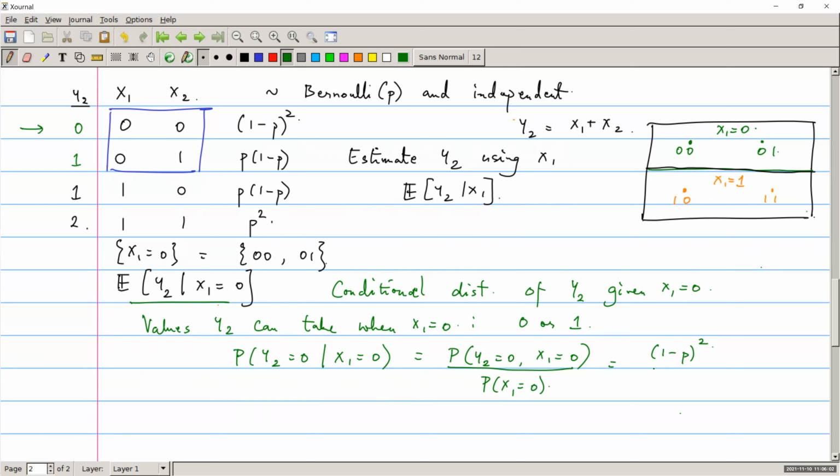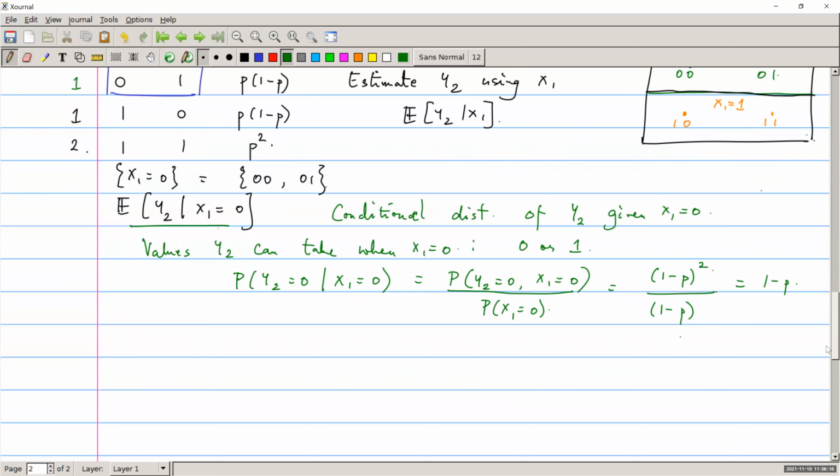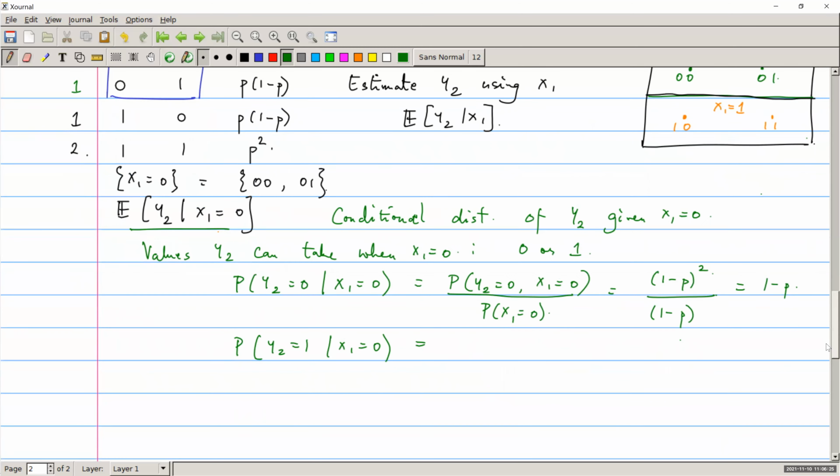What's in the denominator? What's the probability x1 equals 0? Right. Also 1 minus p. So this probability is just 1 minus p, and the probability y2 equals 1 given x1 equals 0. Now you can just give me the final answer.